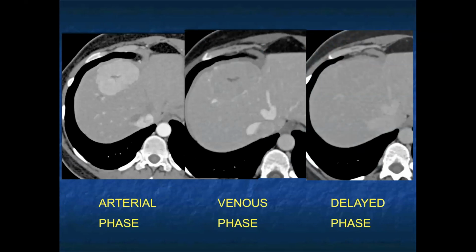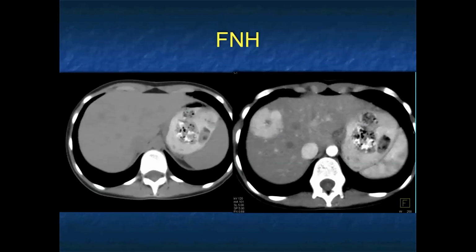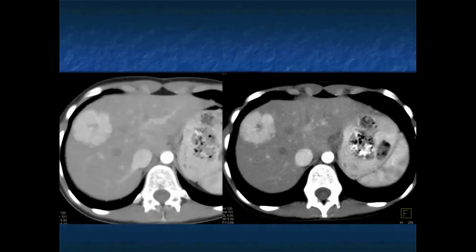So we know that lesions can become isodense, hemangiomas become isodense, hepatomas can become isodense, metastasis can be isodense, but FNH is the classic one, vascular, central scar, bright as the IVC, and then it disappears, okay? Just another example. And again, FNH can be challenging if it occurs in a patient with malignancy. How do you know it's not a MET?